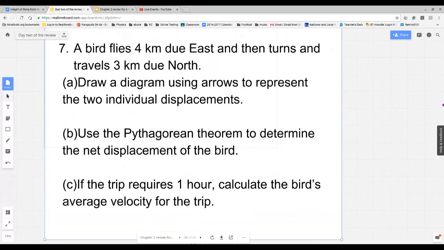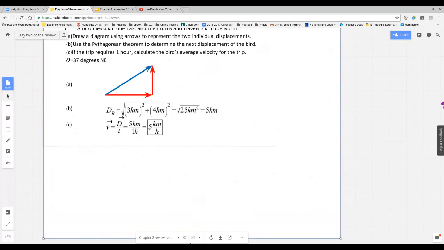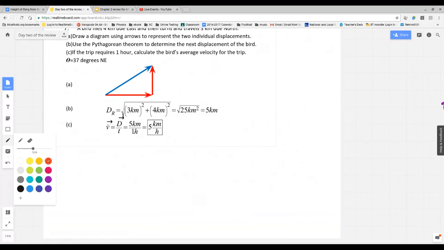It is a 3, 4, 5. So you got a 4 and a 3 and then a 5. I drew it backwards for a second.